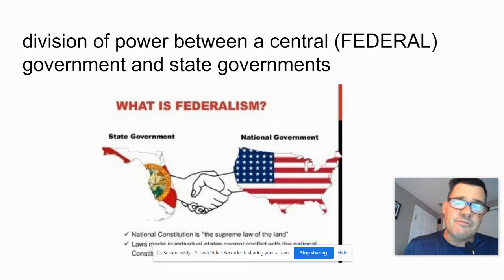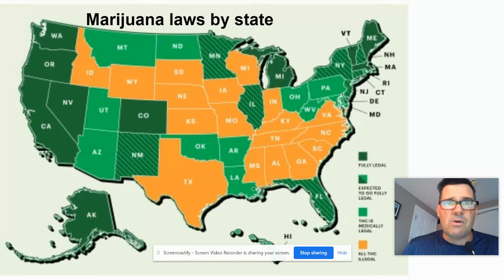But because of federalism, you end up with different laws and different policy, meaning laws in society can be different in different states. Let's take a look at that real quick. Here are marijuana laws by state. The dark green ones, it's fully legal.